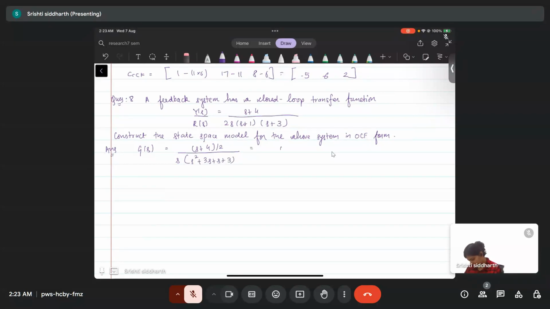This is going to be 0.5s plus 2 upon s squared plus 4s plus 3. So the denominator is going to be s cubed plus 4s squared plus 3s.